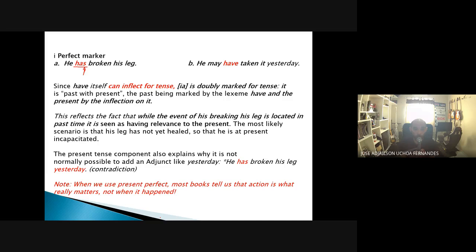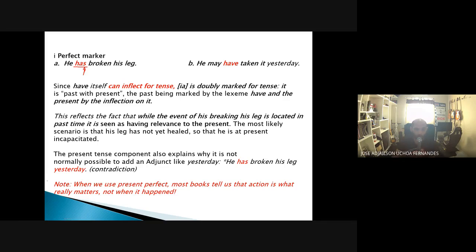The present tense component also explains why it is not normally possible to add an adjunct like yesterday. He has broken his leg yesterday. There is a contradiction here. When we use present perfect, most books will tell us that action is what really matters, not when it happened.